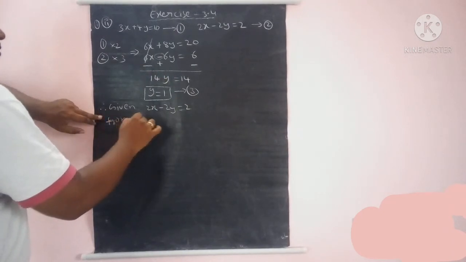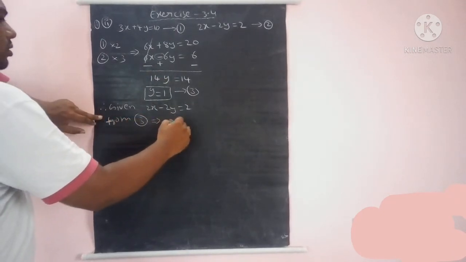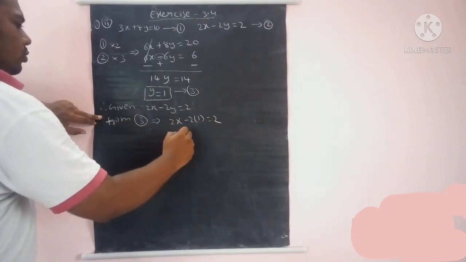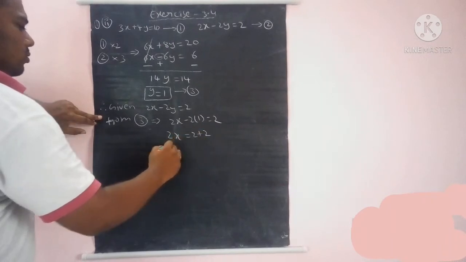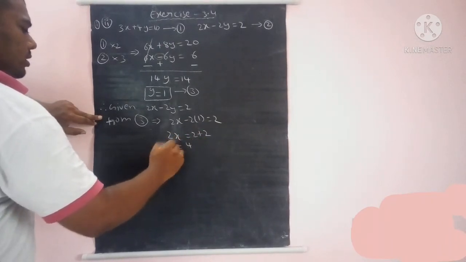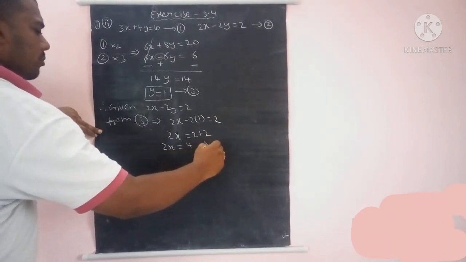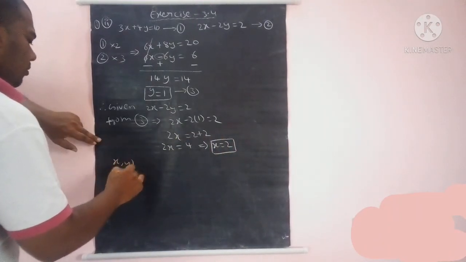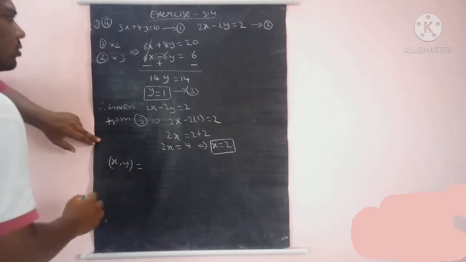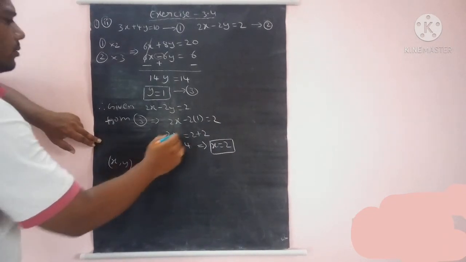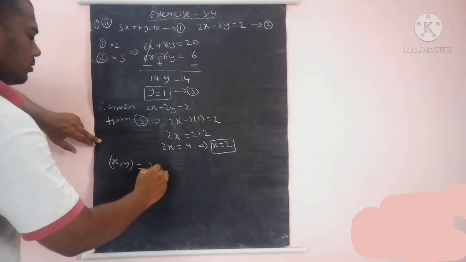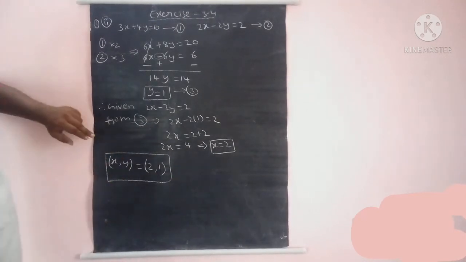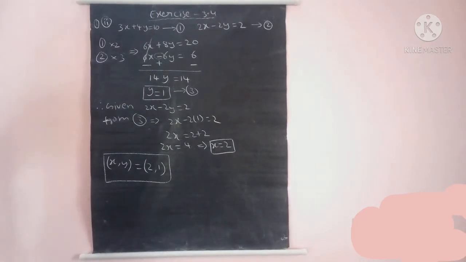From 3 we can write 2x minus 2 into 1 equals 2. 2x equals 2 plus 2, 2x equals 4. That implies x equals 2. So x comma y equals 2 comma 1. This is the solution for the given two equations.